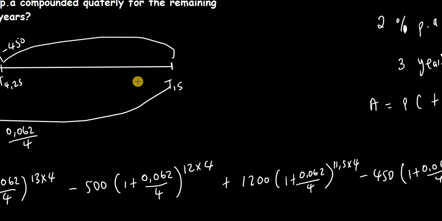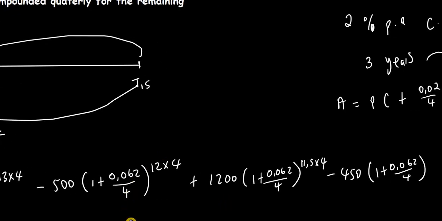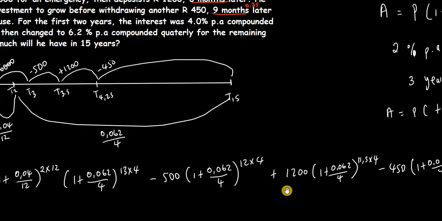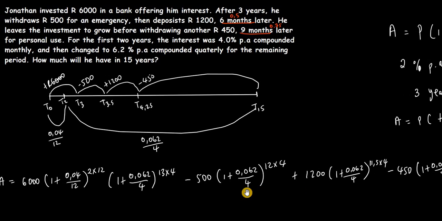You say 15 minus 4.25, so it gives you 10.75. Then you multiply 10.75 by the 4. Okay, so that is how we get the accumulated amount.